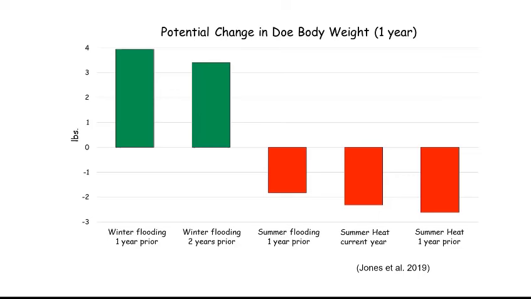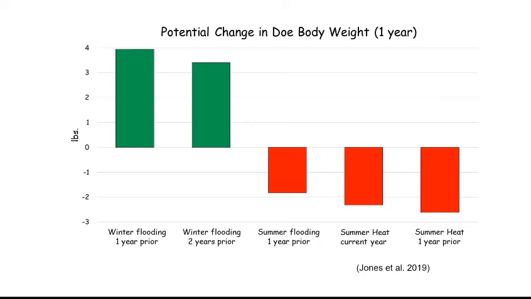Now, what we're showing here are pounds of change from 1 year to the next associated with a given flooding event or weather event. The far left-hand side shows two green histograms.